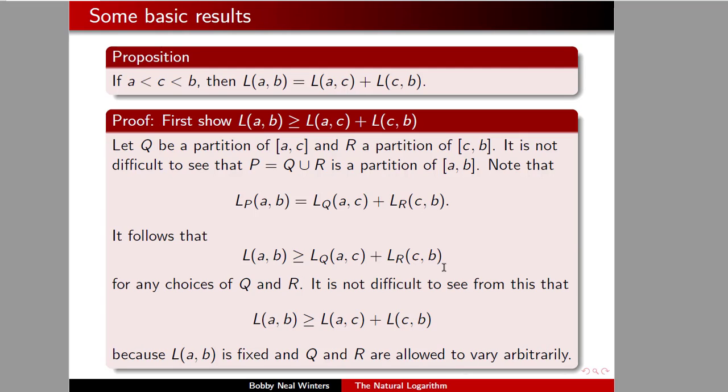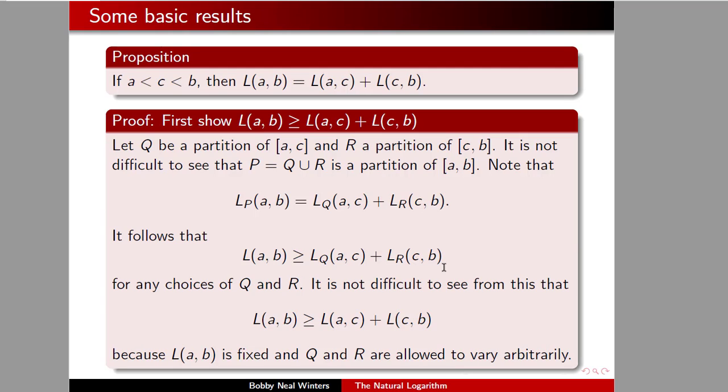So we're going to first show, like we did in the last result from the first part of this lecture, that L of AB is greater than or equal to L of AC plus L of CB, and then we'll flip that around and go the other way.